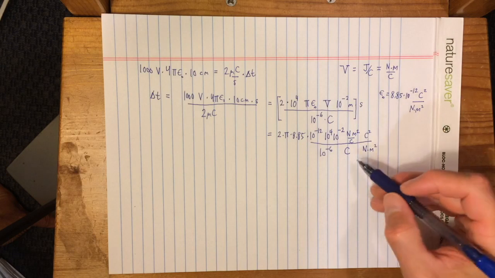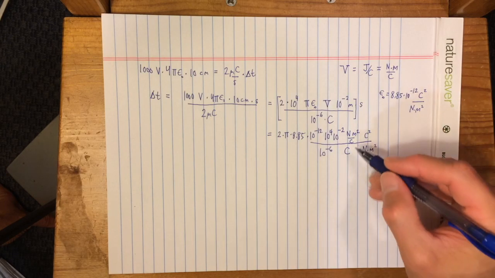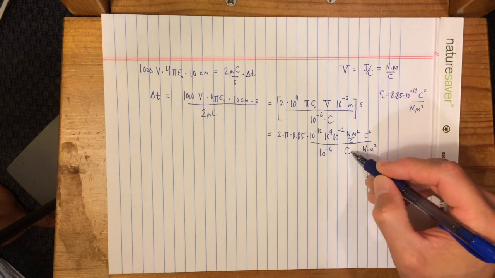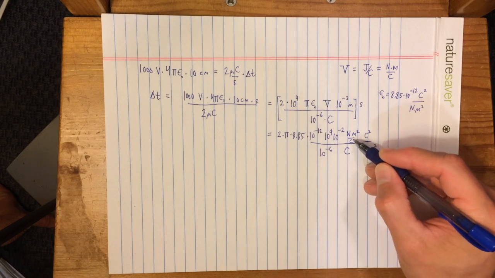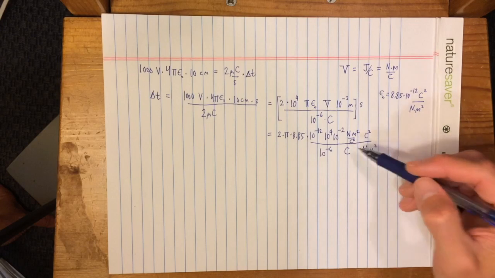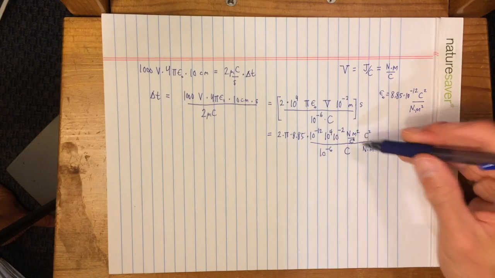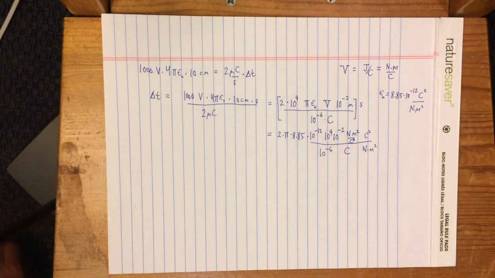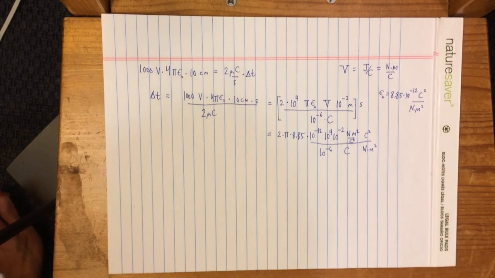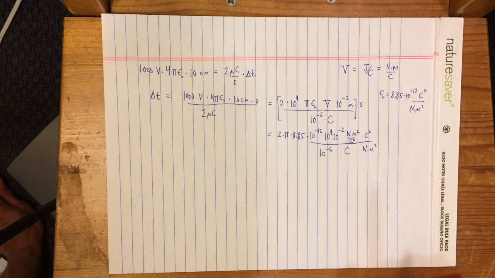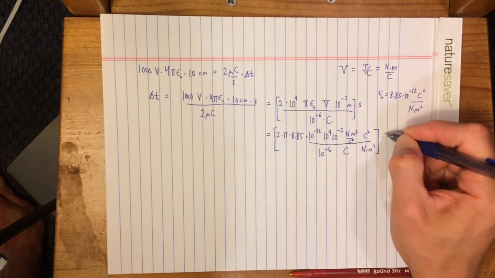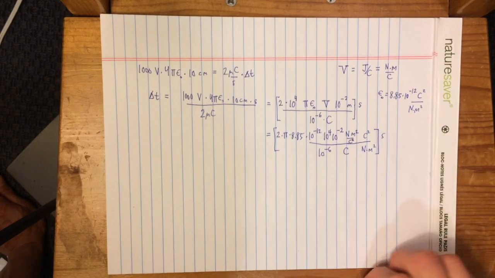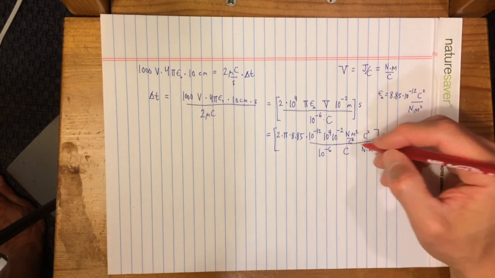Okay, so this coulomb on the bottom is in the denominator, so it can tack on with this coulomb in that denominator, and then all of a sudden you see why keeping the units is so nice. Ooh, speaking of keeping the units, I've got this second left over. So seconds on the outside, and we get to swipe away a whole bunch of stuff.